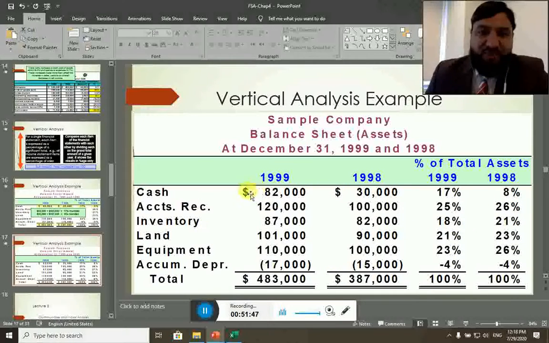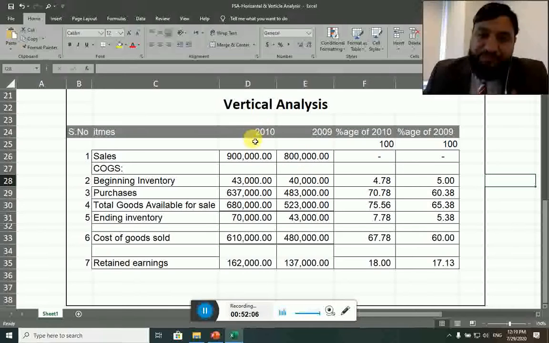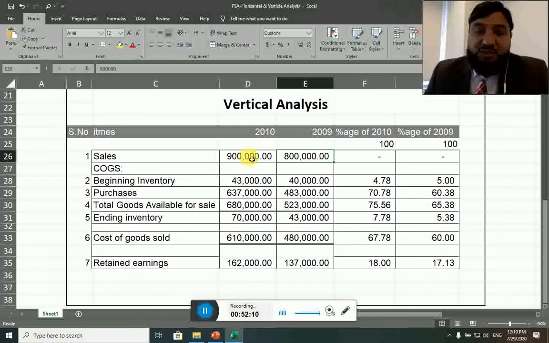Now let's see how we can do it in Excel, practically. I've taken the same example as I used for horizontal analysis. You can see there's a company XYZ. It's the income statement. 2009 has 80,000 sales, and 2002 has 90,000 sales.